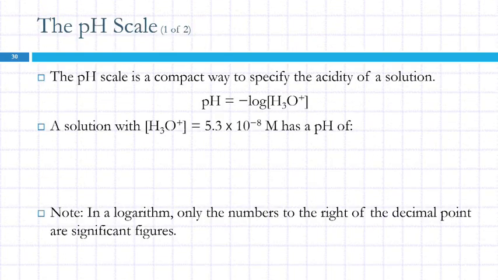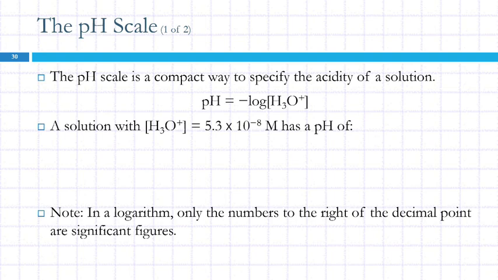Okay, pH scale. The concentrations of hydroxide ion and hydronium ion are all pretty small, and they're all over the place. They can go as low as like 10 to the minus 14 up to like 1 or even 10, right? And so you've got all these zeros in there, and it's this huge range.